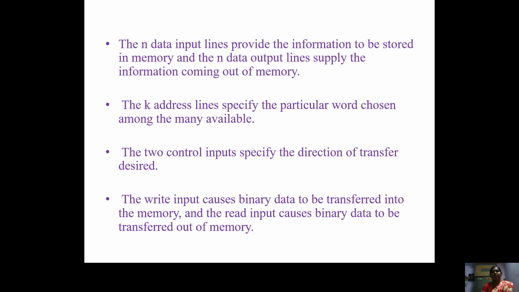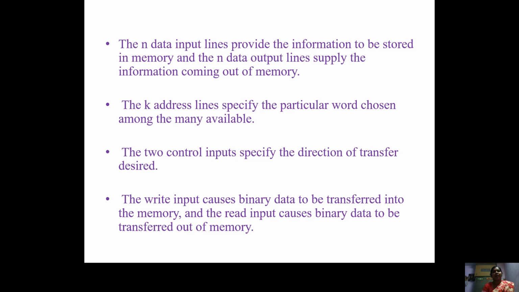If we want to write information at a particular address, for example address 16, the k address lines specify the location 16, and what data should be written into the memory is given separately. For example, if I want to store the value 15 into the memory, then that 15 is specified on the n input lines.